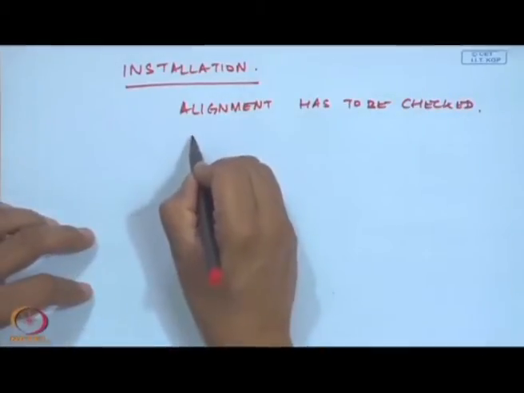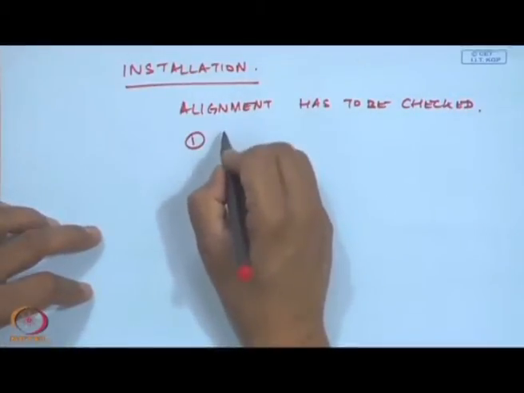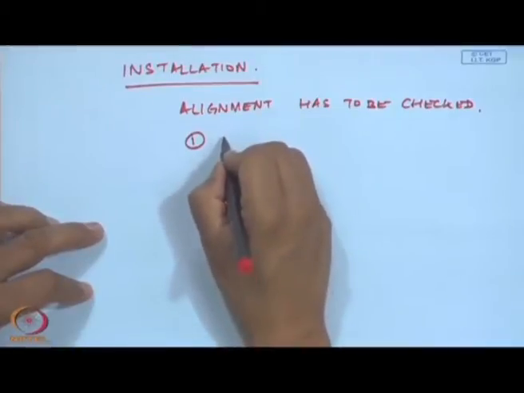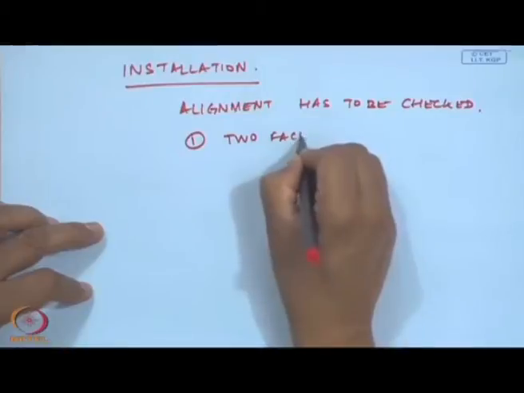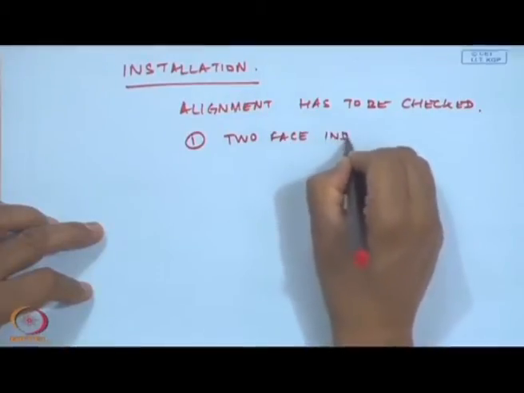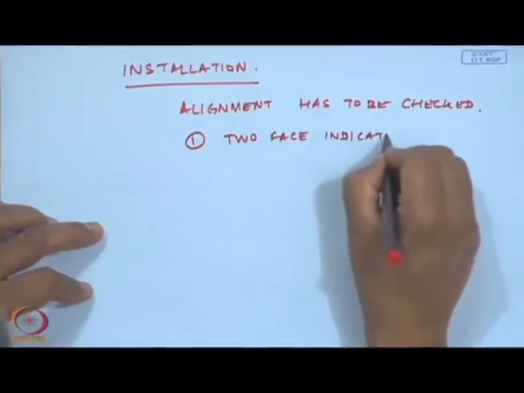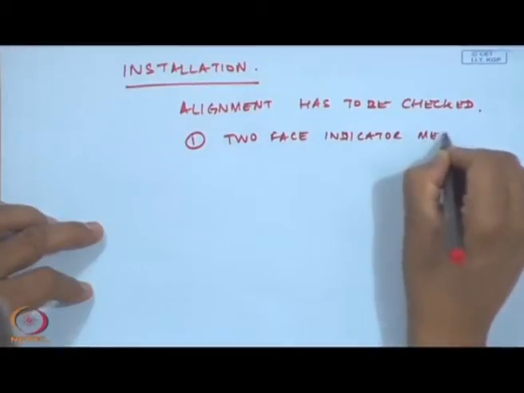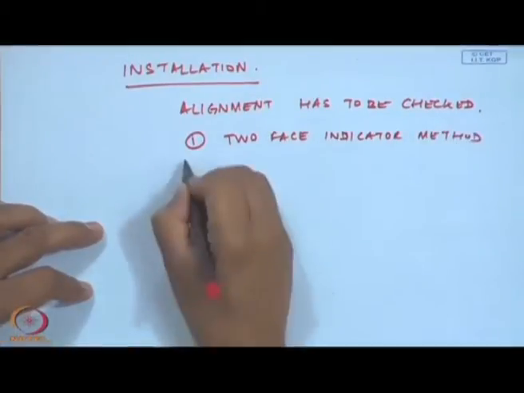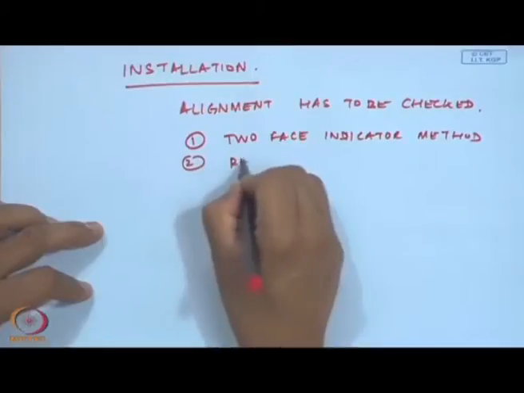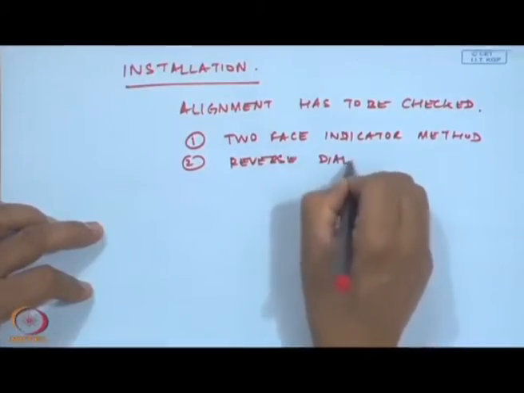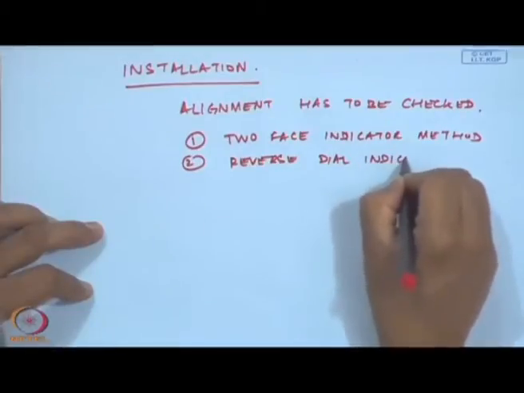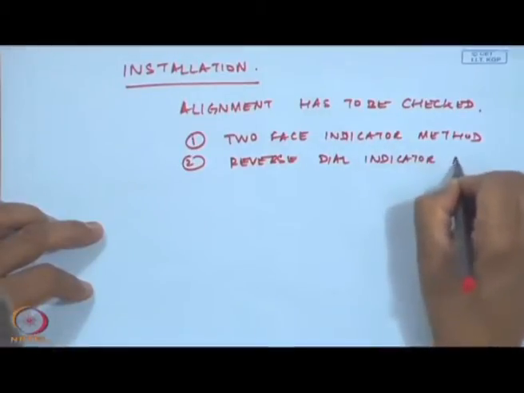The traditional methods use dial indicators, what is known as the two-phase indicator method. Another is the reverse dial indicator method.